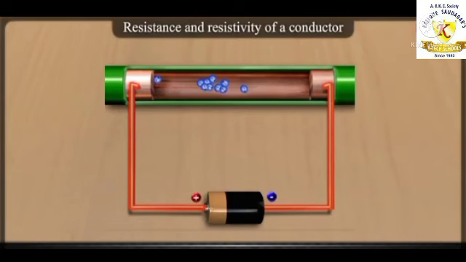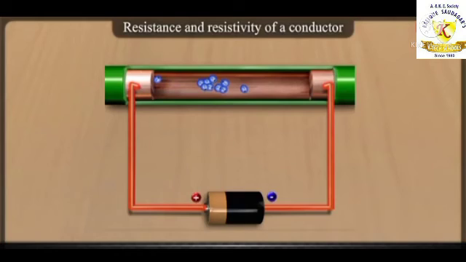Now, when the electrons are in motion, they strike the atoms and ions which lie along their path, and when they strike, collisions cause hindrance to the flow of electrons and oppose the current. What is hindrance, students?